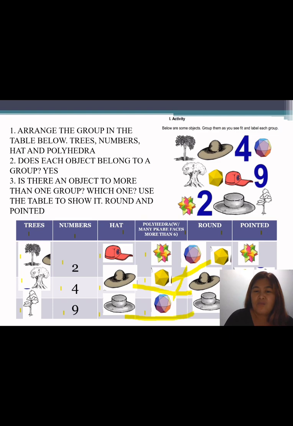And this one can also be seen in the group of round. And the last one is the pointed, which can also be seen under polyhedra. I hope you understand the groupings. Let's proceed to the next activity.